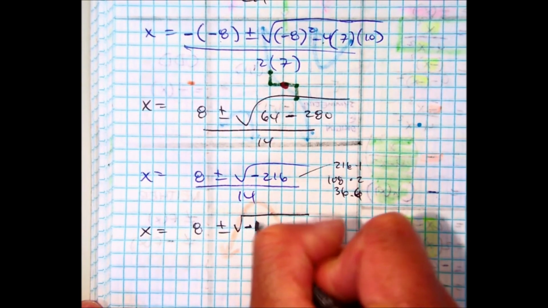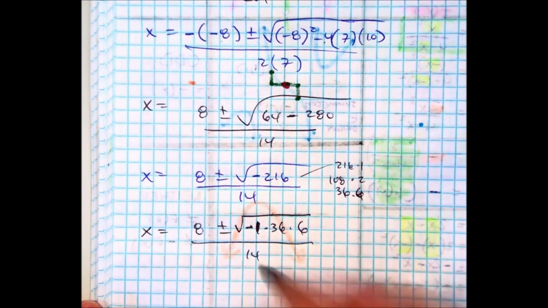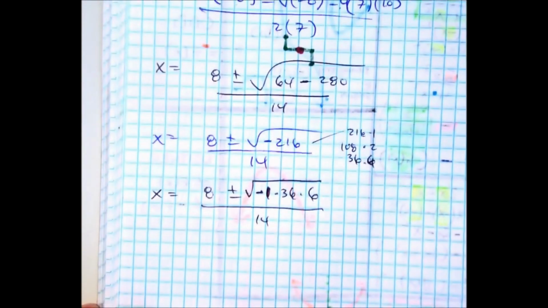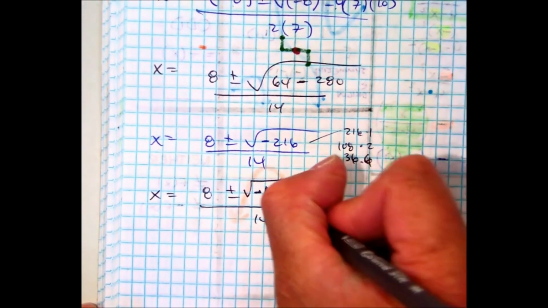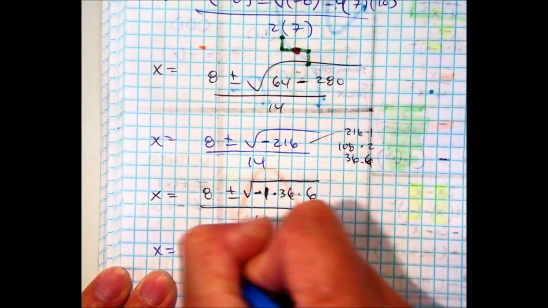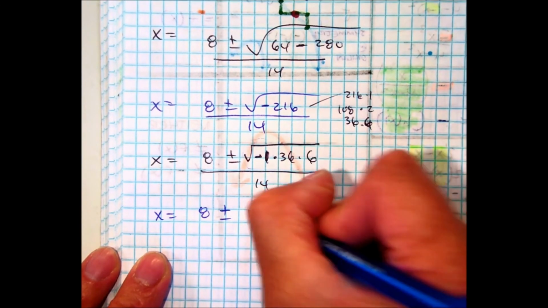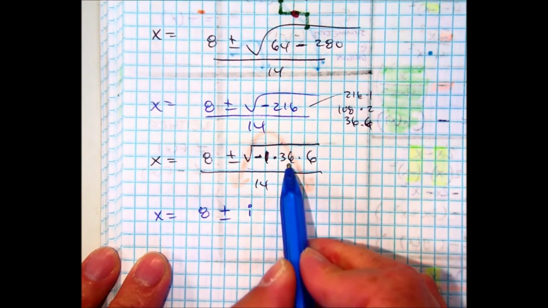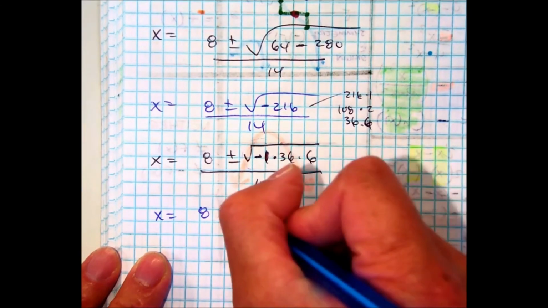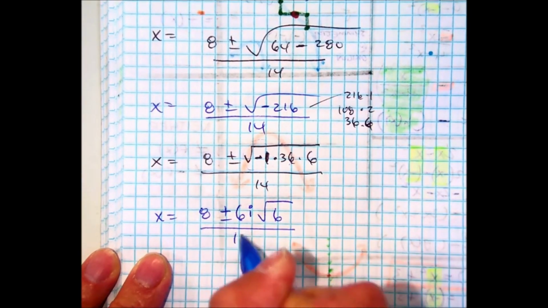So negative 1 times 36 times 6 over 14. Remember, what do pirates say? Pirates say aye. 8 plus or minus the square root of negative 1 equals i. Square root of 36 is 6, they come outside the house. The 6 is still in there, and you're left with 14.